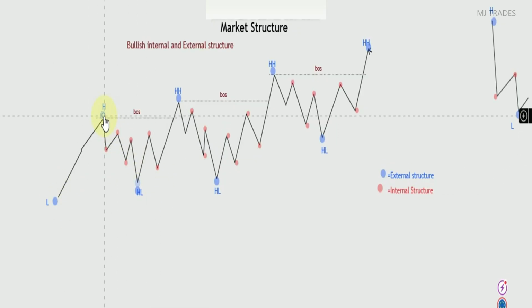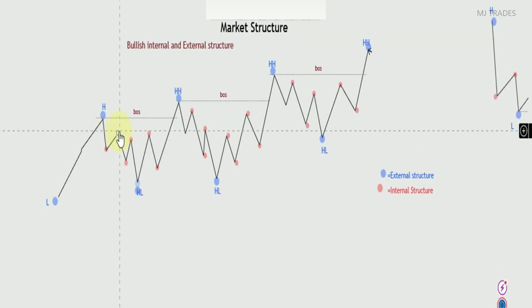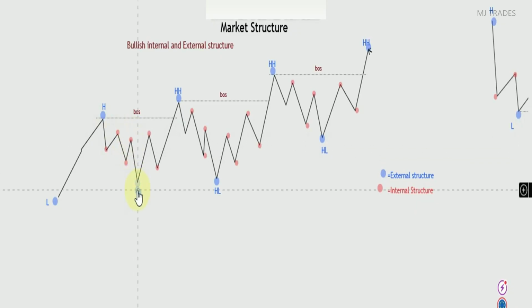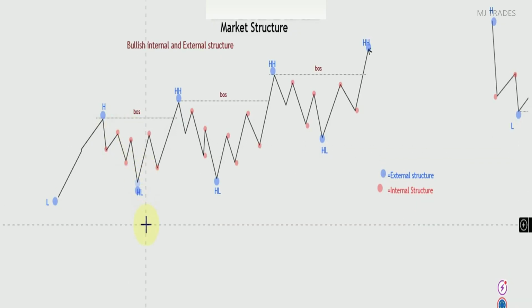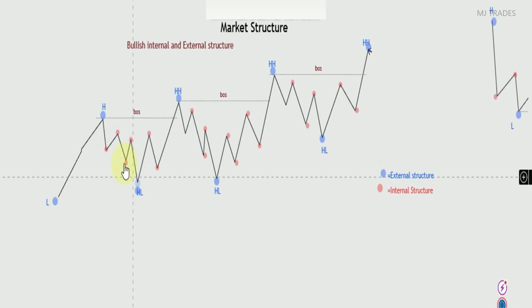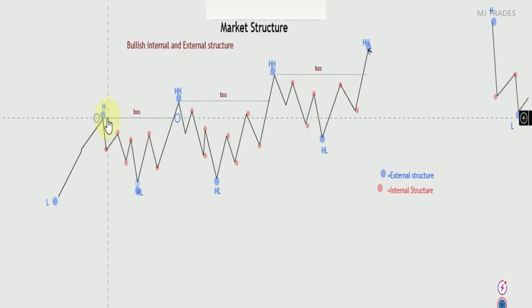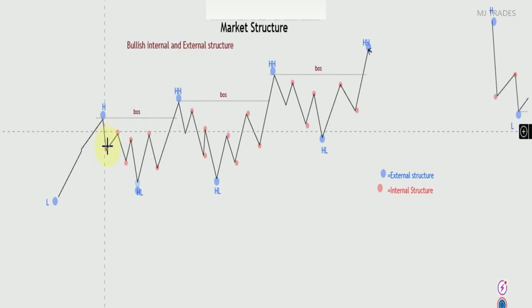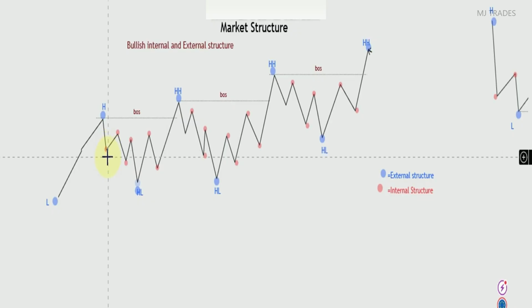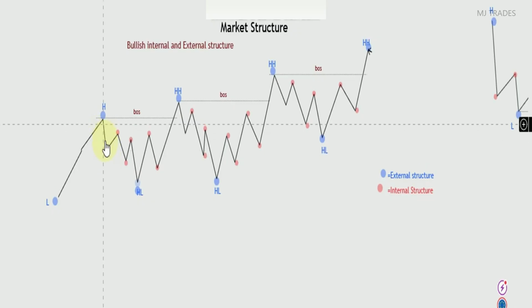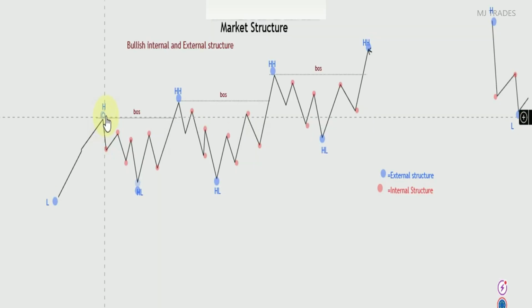This pullback is just for the market to relax and take fuel. We're going to get to that part of taking fuel later. It is for the market to reverse and take liquidity before it continues its uptrend. So during this period, this is what we call the pullback.